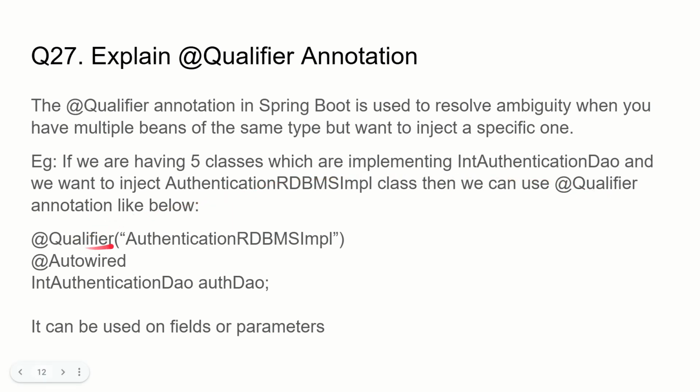In @Qualifier, we give the class name which we want to specifically inject. We are using @Autowired for dependency injection. Here we are using the name of the interface and not the name of the class, and we are setting the variable for it. It can be used on fields or parameters only.